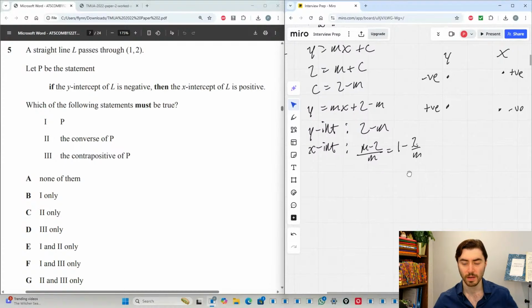If the y-intercept is negative, meaning that m is positive and bigger than 2, then this term is positive and is less than 1, which does mean that the x-intercept must be positive. And that cross term doesn't exist. So P is true, which means the contrapositive of P must also be true.